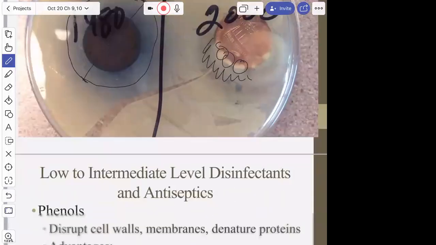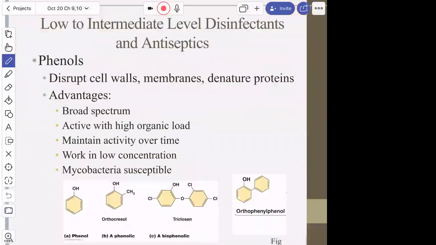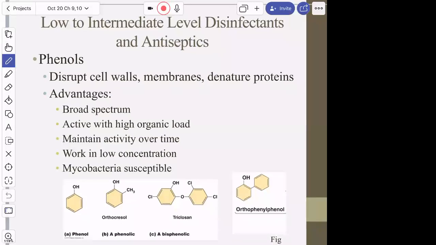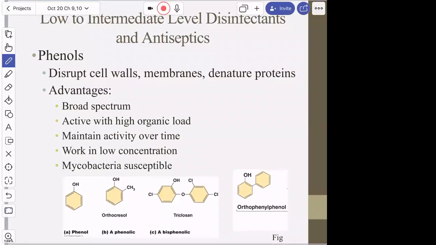Okay. All right, so phenols are kind of considered a step up, maybe somewhere between low level and intermediate level disinfectant or antiseptic. Phenol is another one where I really had to struggle a little bit to find some uses for. It's fallen out of favor, using phenol, just because of some toxicity and irritation issues.